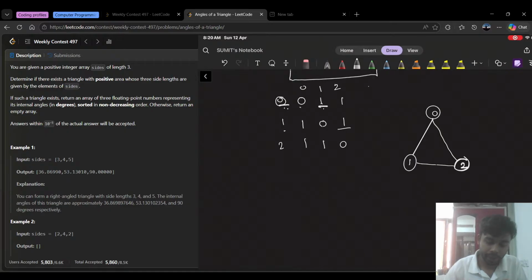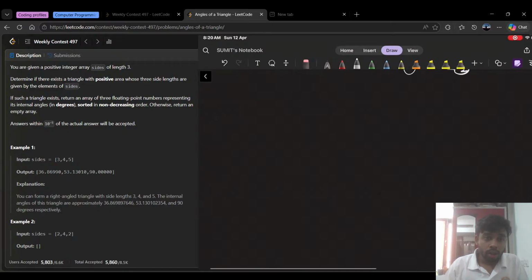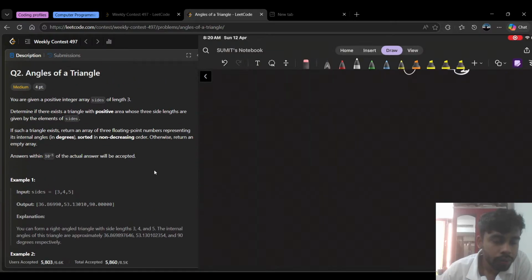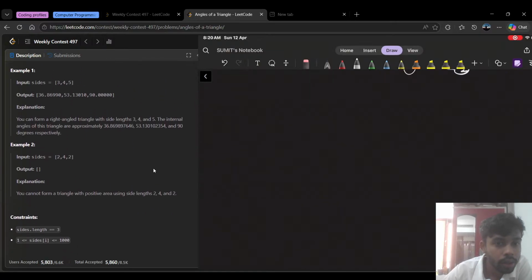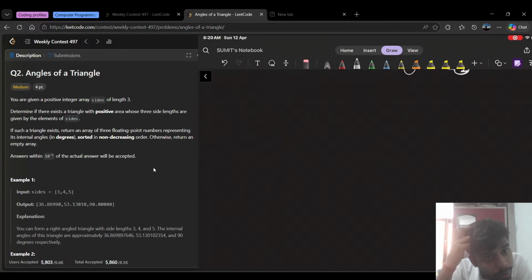Okay, so is it some math kind of thing? Angles of a triangle. Determine if there is a triangle with positive area. First of all, we have to check if it's positive area, and then whose three side lengths are given by elements of sides. If such triangle exists, return an array of three floating point numbers.